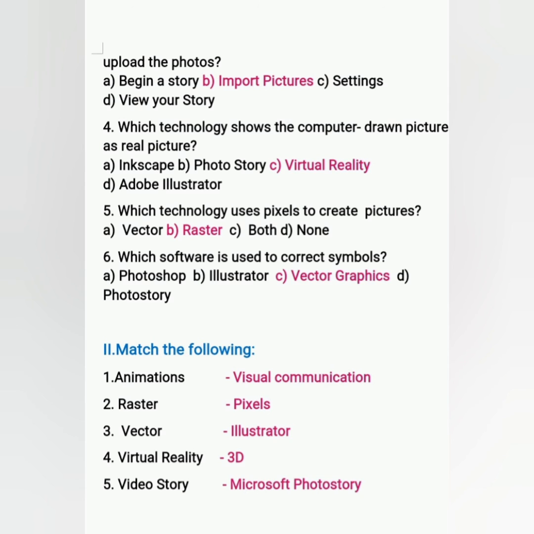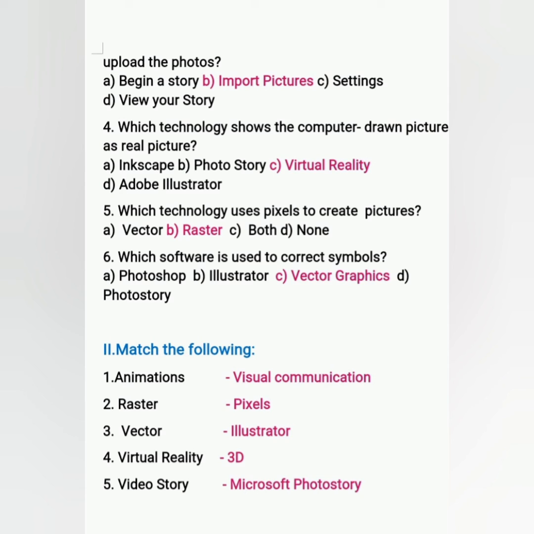Question number 4. Which technology shows the computer drawn picture as a real picture? The options are Inkscape, Photo Story, Virtual Reality, Adobe Illustrator. The correct answer is Virtual Reality. Question number 5. Which technology uses pixels to create pictures?